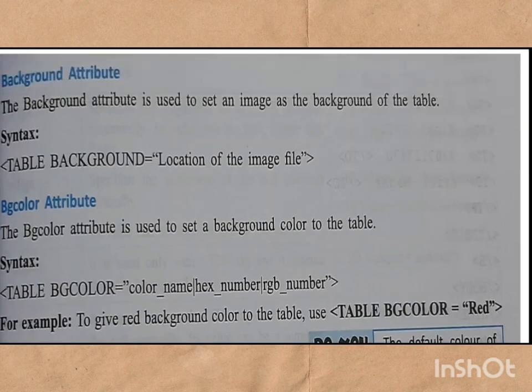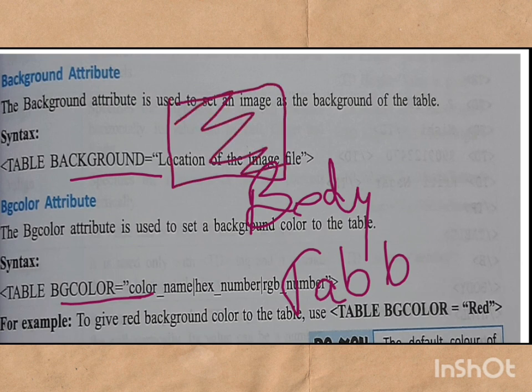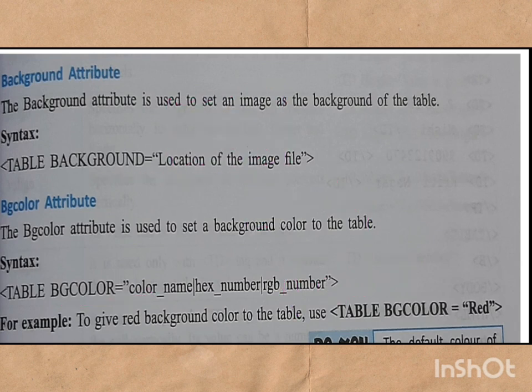BG color, again they have said BG color also we can have. Background and BG color, these are 2 attributes of body tag also, and this is the attribute of table also, because table is itself a space where we can fill a background and where we can fill a color also. So you try this.